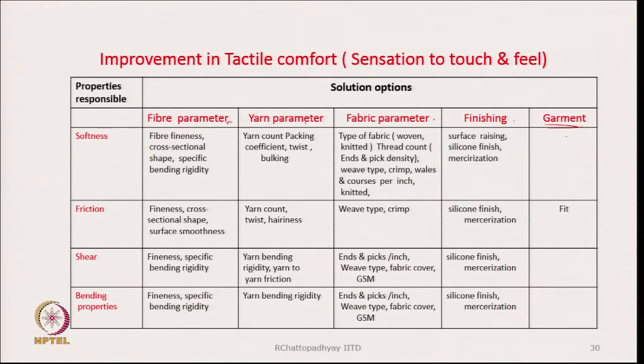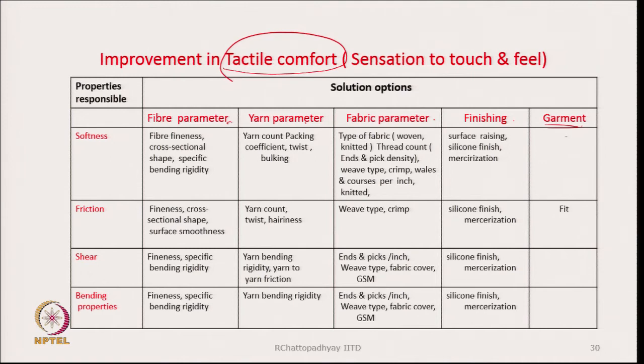That means, if I want to change the tactile comfort, if there is a demand that this particular aspect needs to be looked into by a designer, because there is a demand from the customers, then these are the various options which are there.